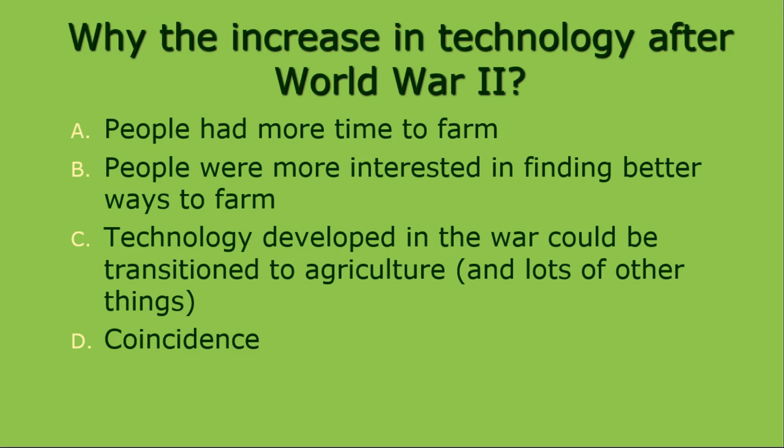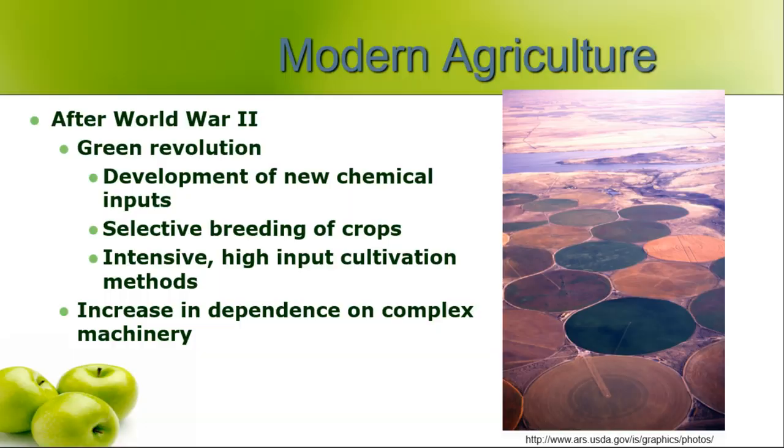So munitions, explosives factories could become fertilizer factories. Tanks and all of those things, you could re-outfit those factories to become tractor factories, right? And other farming equipment. And so there was a lot of technology developed for the war that could actually be transitioned into other fields. So C is the answer.